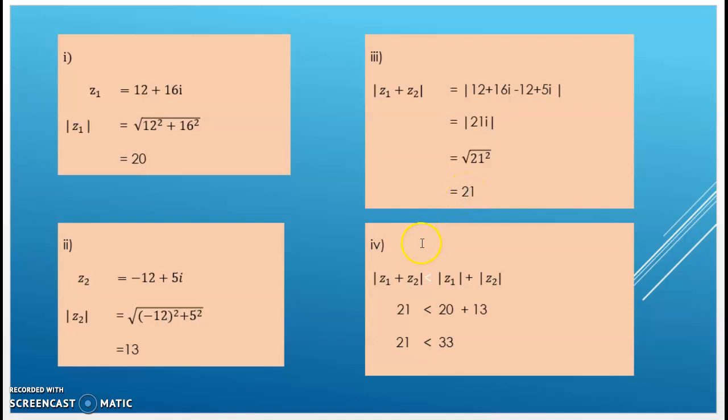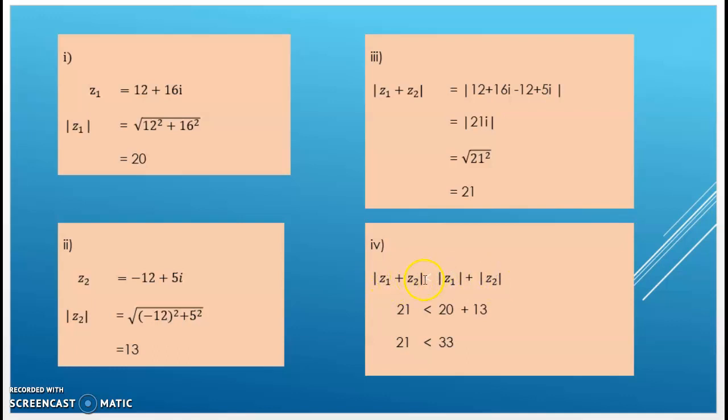Now the next part asks you to show that the modulus of z1 plus z2 is less than the modulus of z1 plus the modulus of z2. What we're looking at here is the difference between adding them and then getting the modulus, or getting the modulus and then adding them. So this is done already for us. We just write out the question.